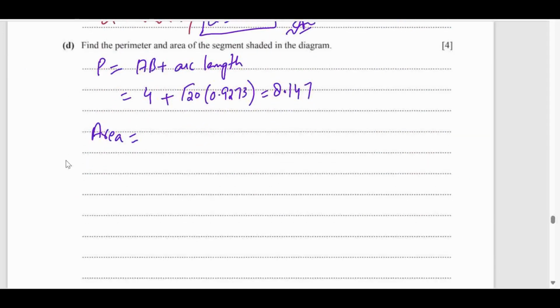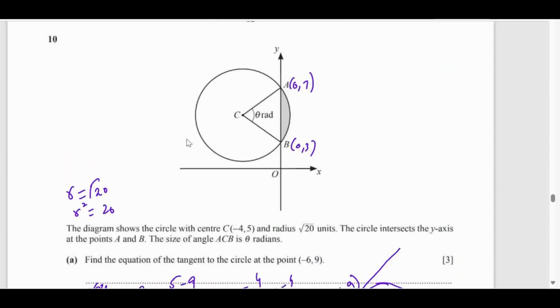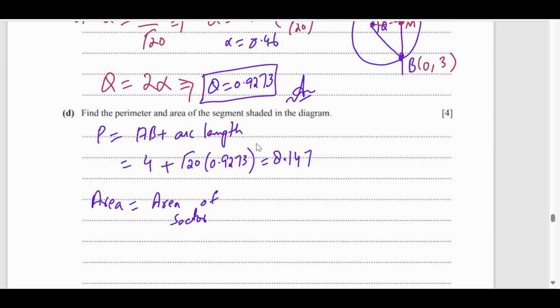Let me write it over here: area of sector CAB minus area of triangle CAB.